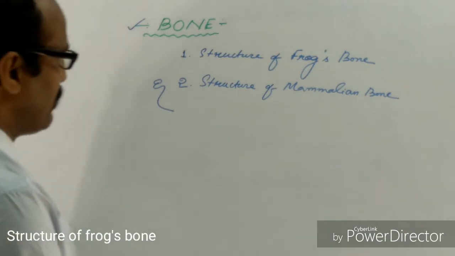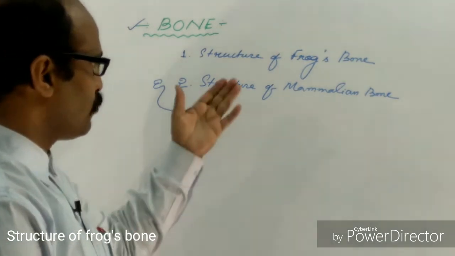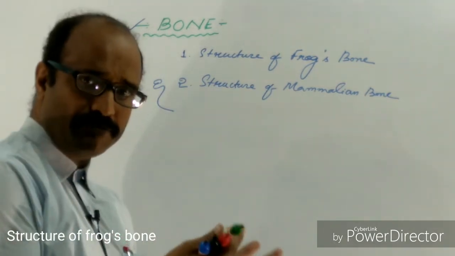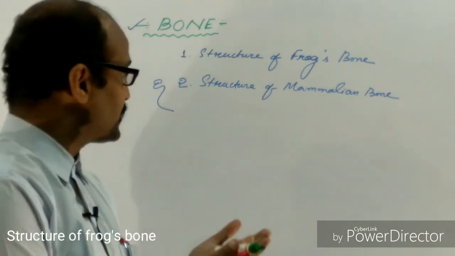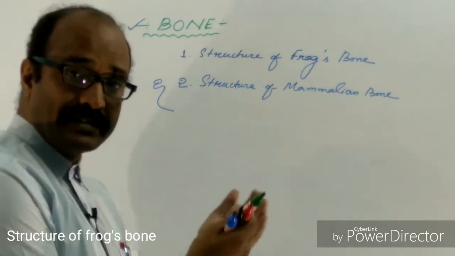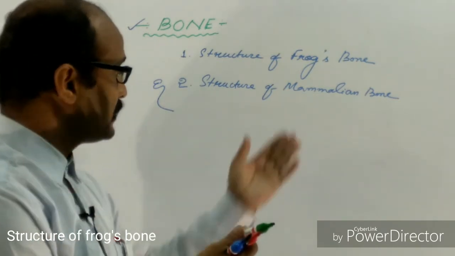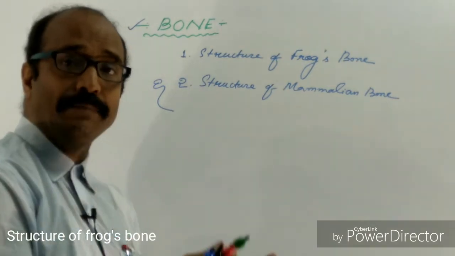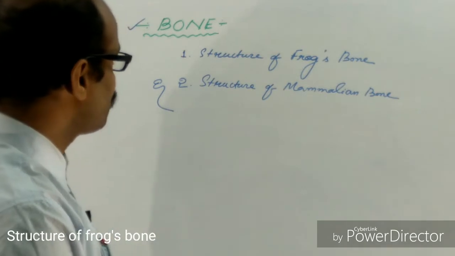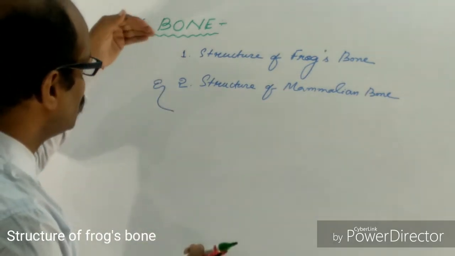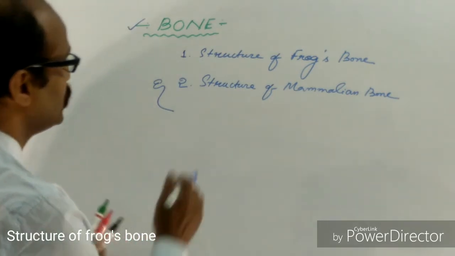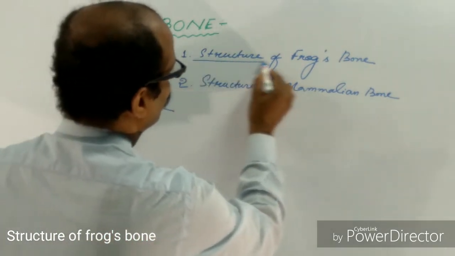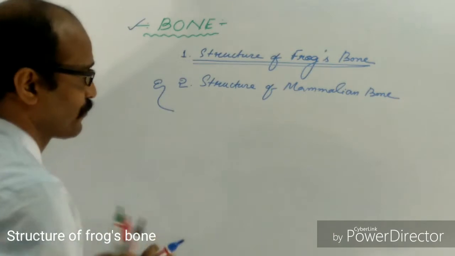The structure of mammalian bone and the structure of frog bones differ from each other slightly, but the basic components are the same and the arrangement is slightly different, and the mammalian bone is slightly more complicated. That's why we study them under two different headings. So first come to the structure of frog's bone.